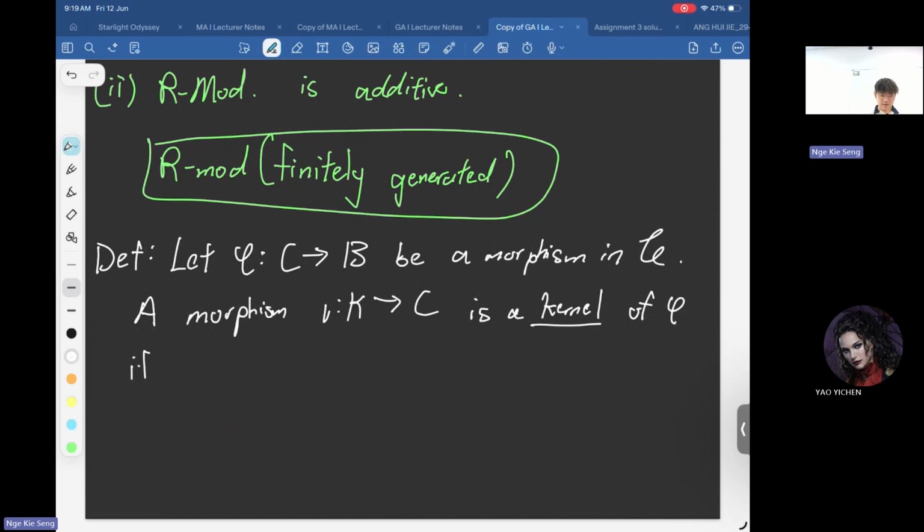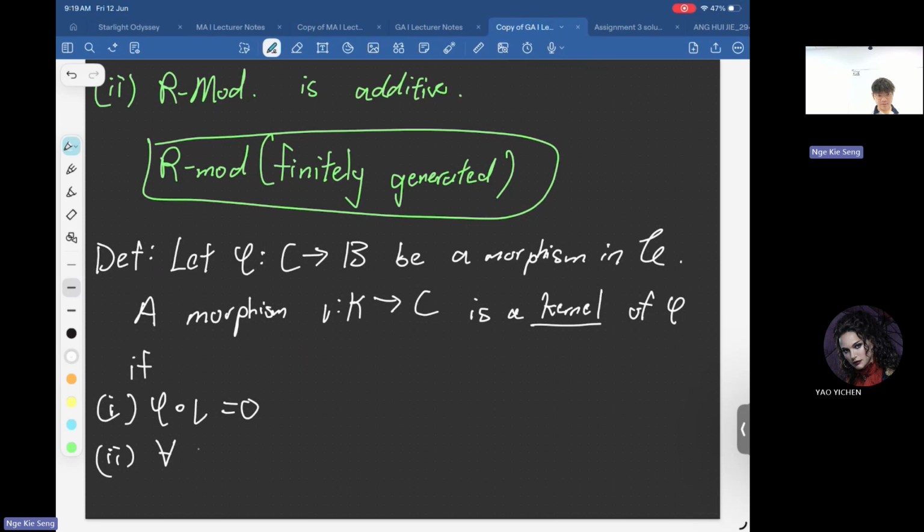If two points hold: one point is the composition needs to be 0. You can think of it as an inclusion, that's why I put an iota here. And the other one is the universal property.